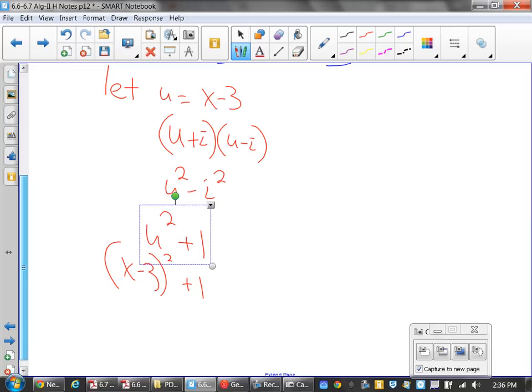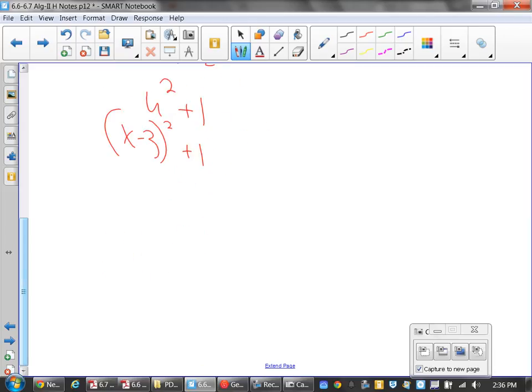That's u squared plus 1. u squared is (x minus 3) squared. When you simplify that, you get x squared minus 6x plus 9 plus 1, which is x squared minus 6x plus 10.